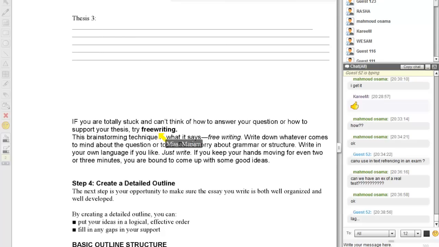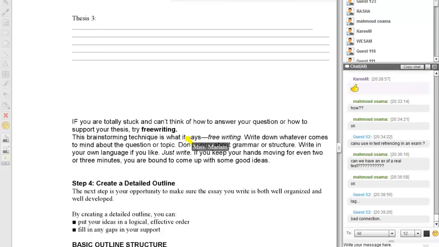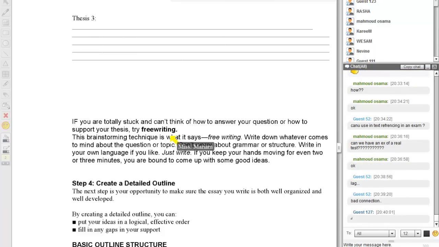Okay, as for free writing, some people use this approach. This technique, I won't recommend, because free writing will take a lot of time, and you have to rephrase it again, then revise and edit, so it will take much time, especially for those who are not native speakers.